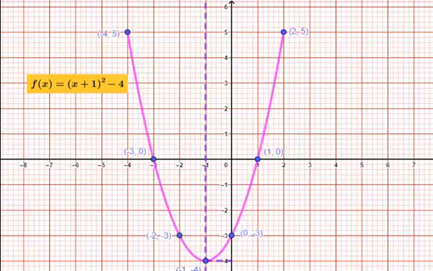Now, when you know that, as we have already done, then the equation of the line of symmetry would be s equals -1, because the line of symmetry passes through the value of x on the graph, which is -1.